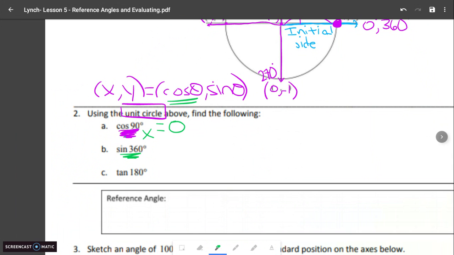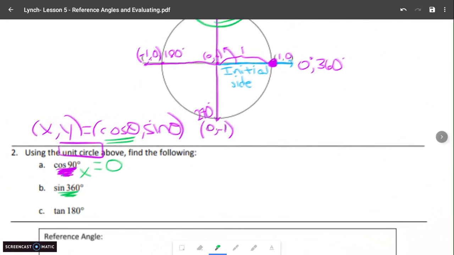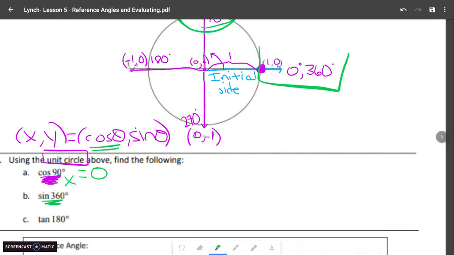If I want b, sine of 360, I'm going to go to the 360 degree angle. Sine is the y coordinate. So looking at that point that's there, the y coordinate at the angle 360 also happens to be 0.